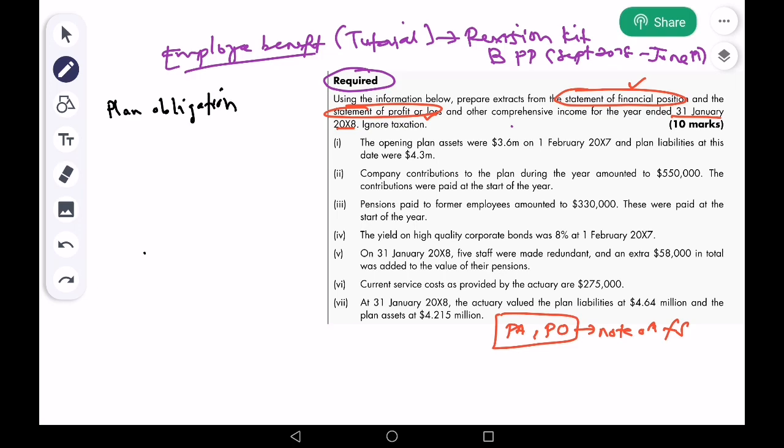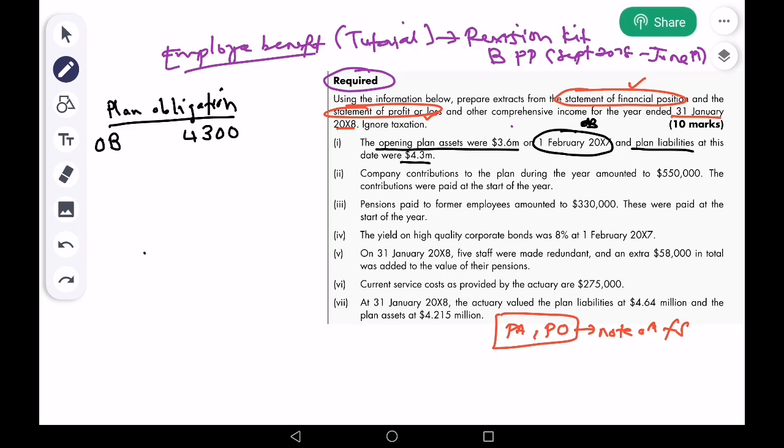Under this plan obligation, we will start with the opening balance at the period. As you can see in your question, opening plan asset is 3.6, plan liabilities will be 4.3 on the 1st 2007. So this is your opening balance, 4,300.